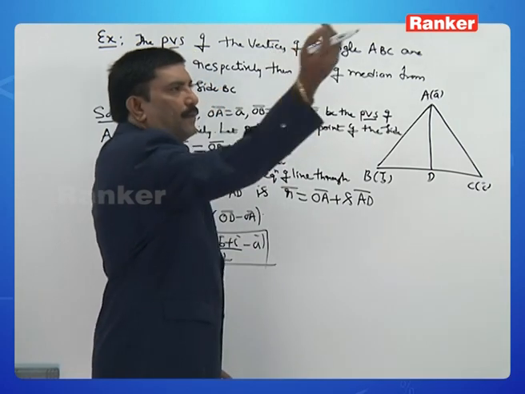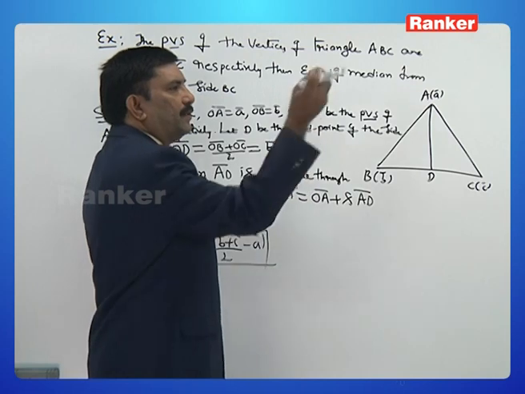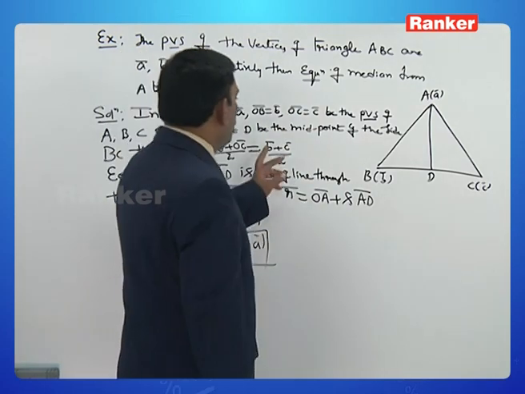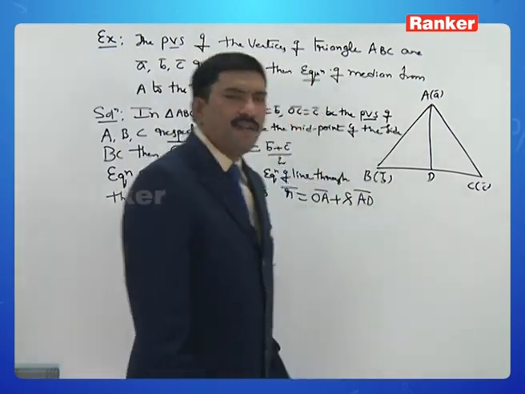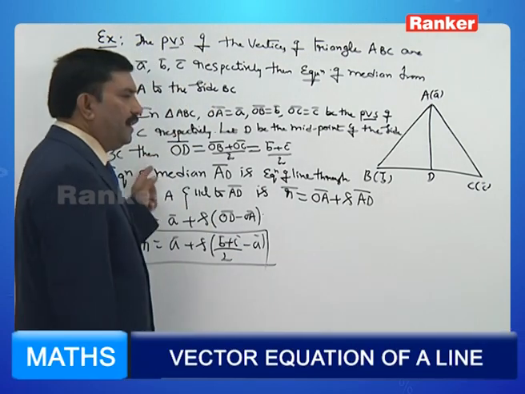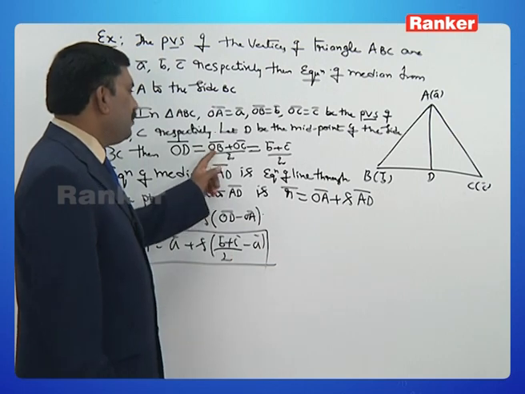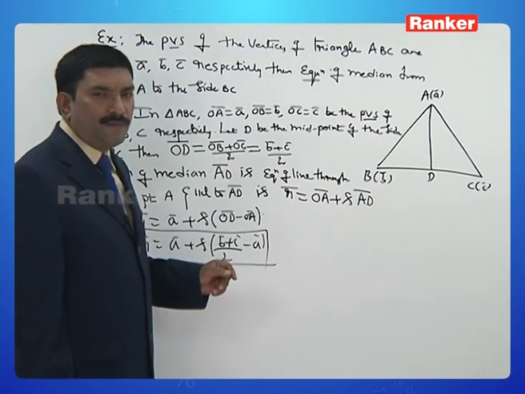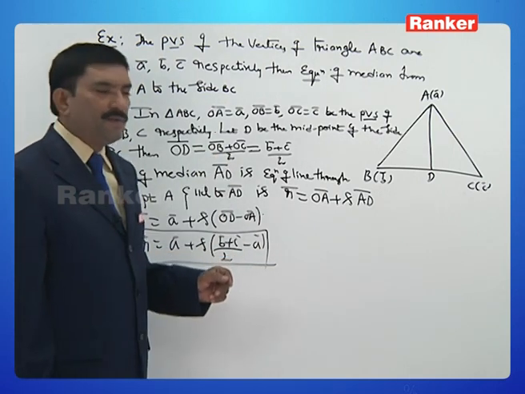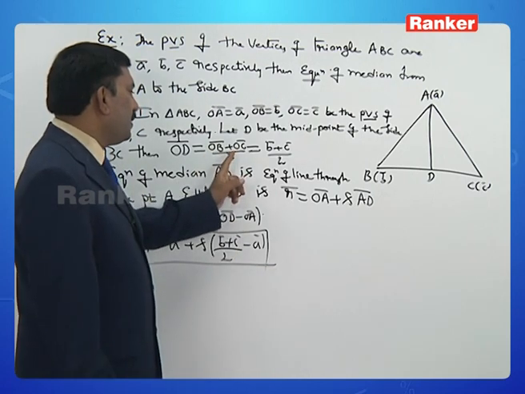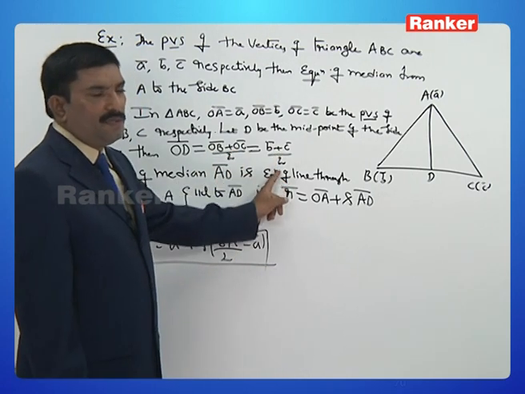Here is the O, OA, OB, OC, OD, right? D be the midpoint of the side BC, correct or not? Then, by using the position vector of a midpoint, that is the sum of the 2 position vectors by 2, which divides in the ratio of 1:1, (OB bar plus OC bar) by 2 is equal to (B bar plus C bar) by 2.